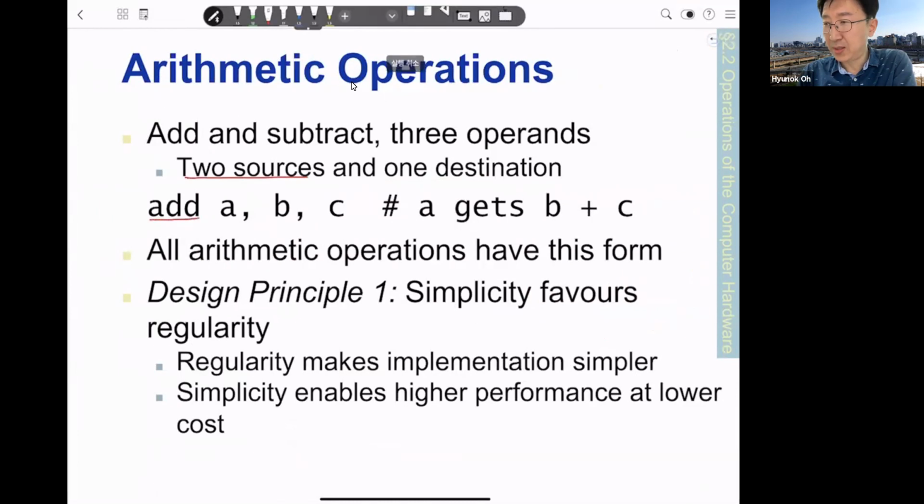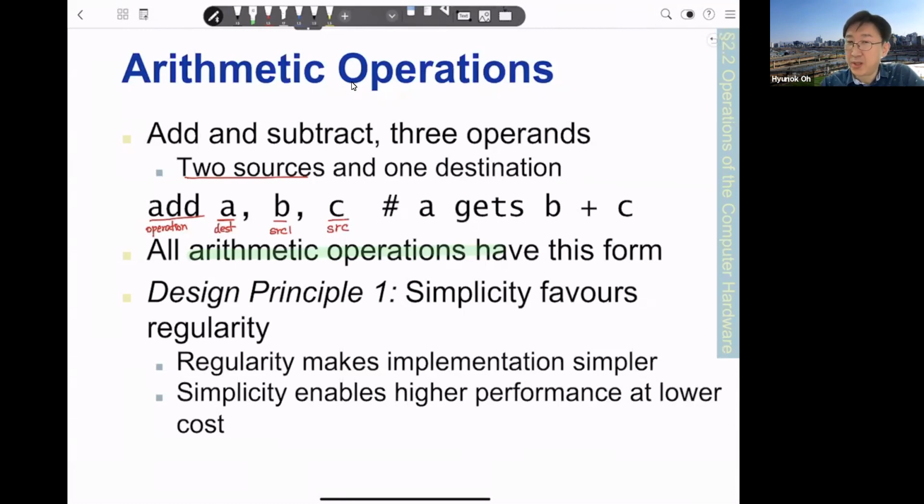The first is the operation, the first name is the destination, then the first source, then the second source. That's the format of each instruction. In MIPS, every arithmetic operation has this kind of format.